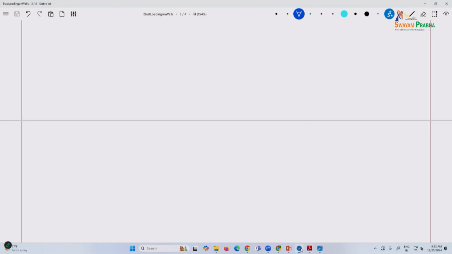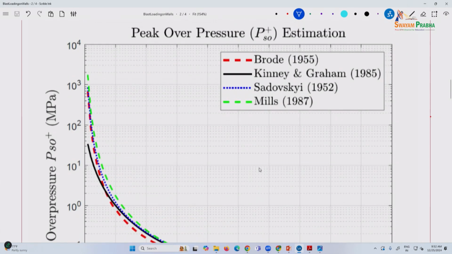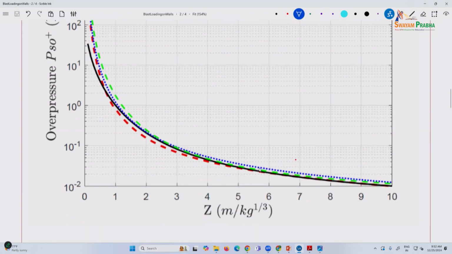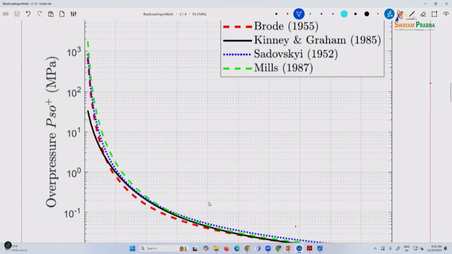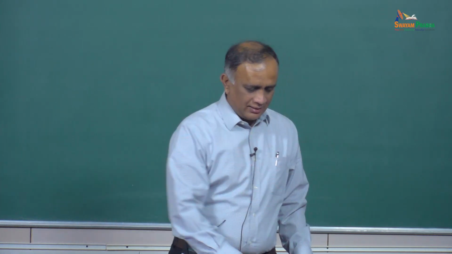Kavi Arasu has done a really nice comparison. This was actually from last night. So, you see the peak overpressure as a function of Z. This involves fairly complex calculations. I haven't shown you everything. The equations to calculate the B values are a little different for many of them.